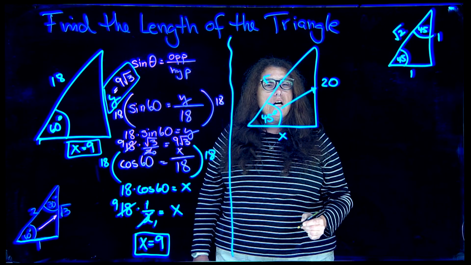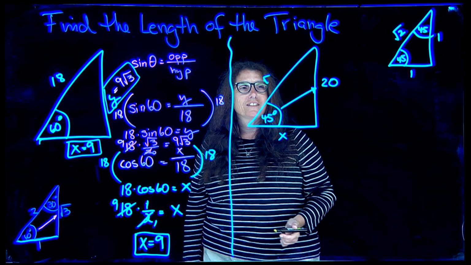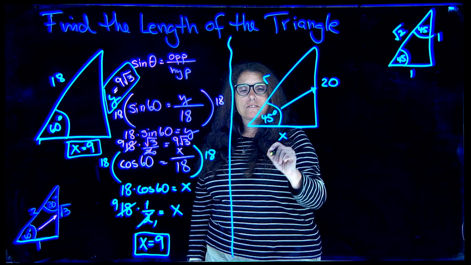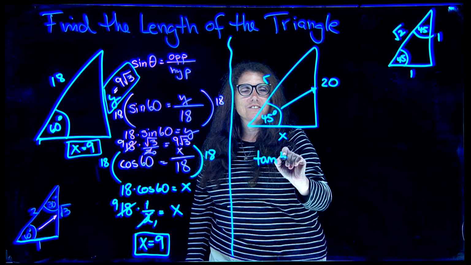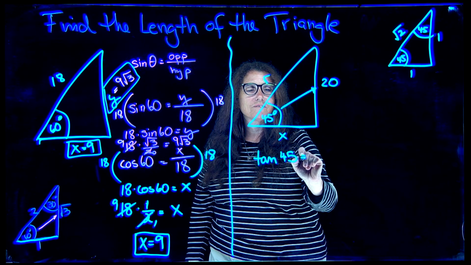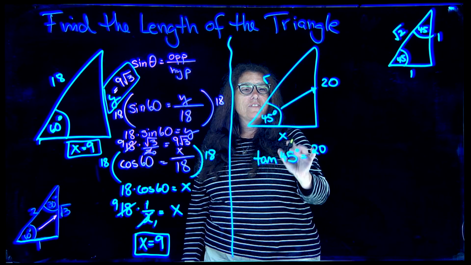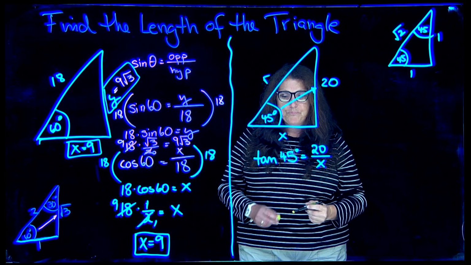We have the opposite and we have the adjacent. Remember what kind of trig function that is? I'll give you a second. Yes, it's the tangent. So the tangent of 45 degrees is opposite divided by adjacent, in this case, x.